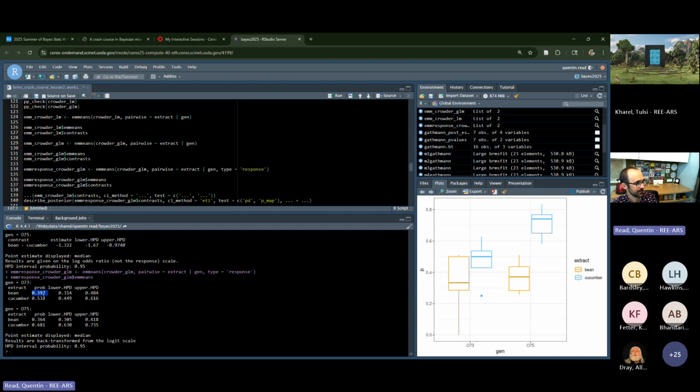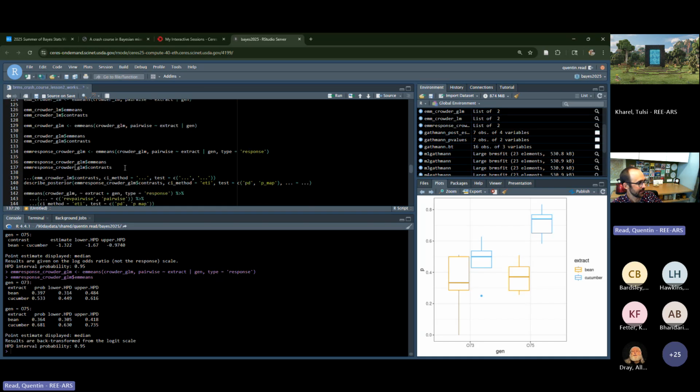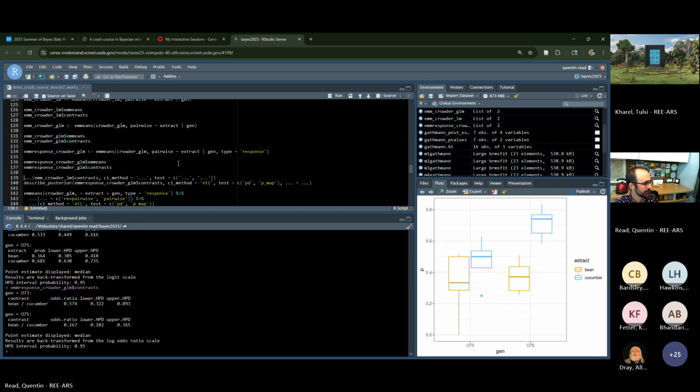So you can see they're quite similar to what we would get from the original model. They're actually on a probability scale, 0.39 and 0.53. And now if we look at those contrasts, if we run this line 137 to look at the contrasts, we have an odds ratio now. So this means for genotype 73, the odds of germination in bean extract is only 0.57 times as high as in cucumber.